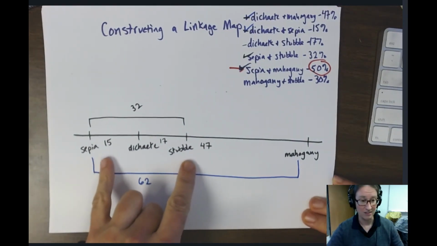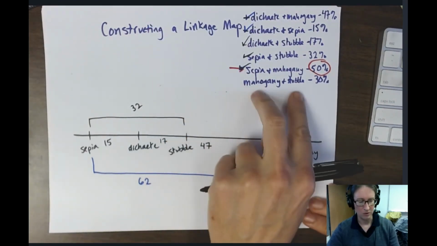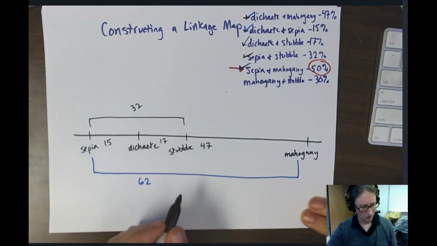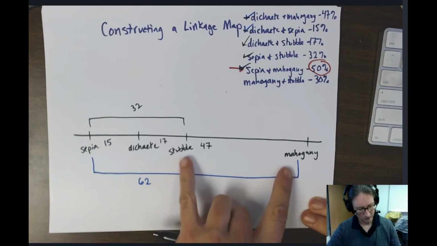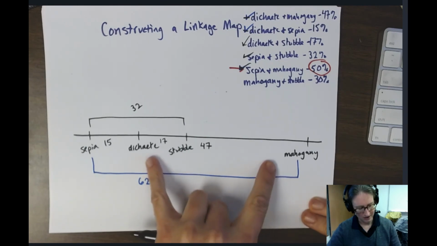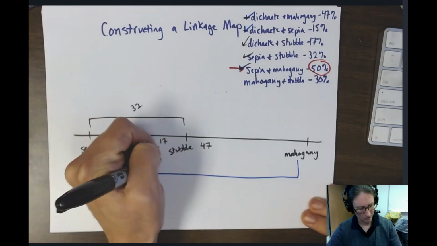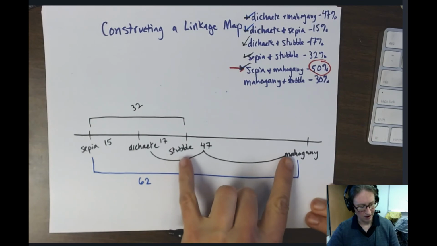And then we've got one last check here, which is we also have recombination rates between mahogany and stubble of 30%. So we already said here that mahogany and dikete are 47 map units apart, right? Okay, so what about mahogany and stubble?